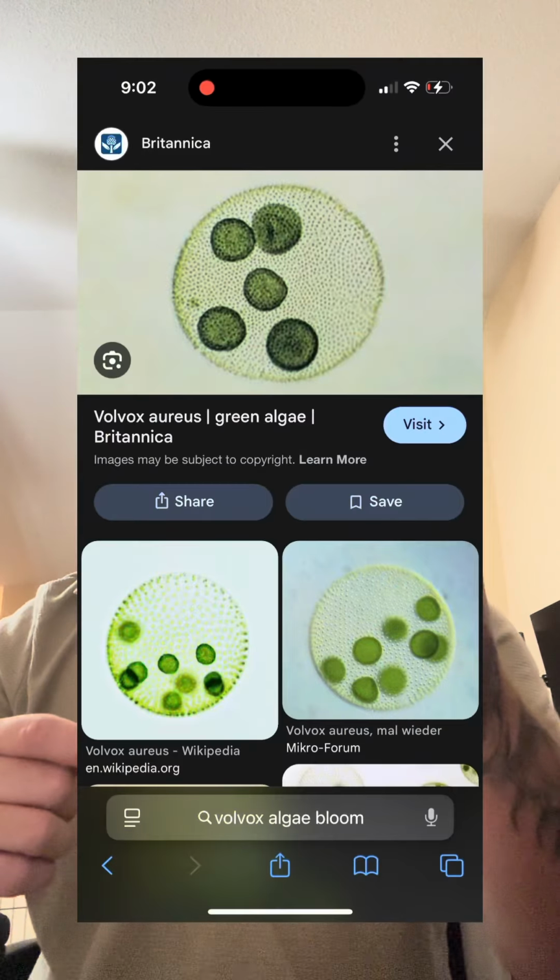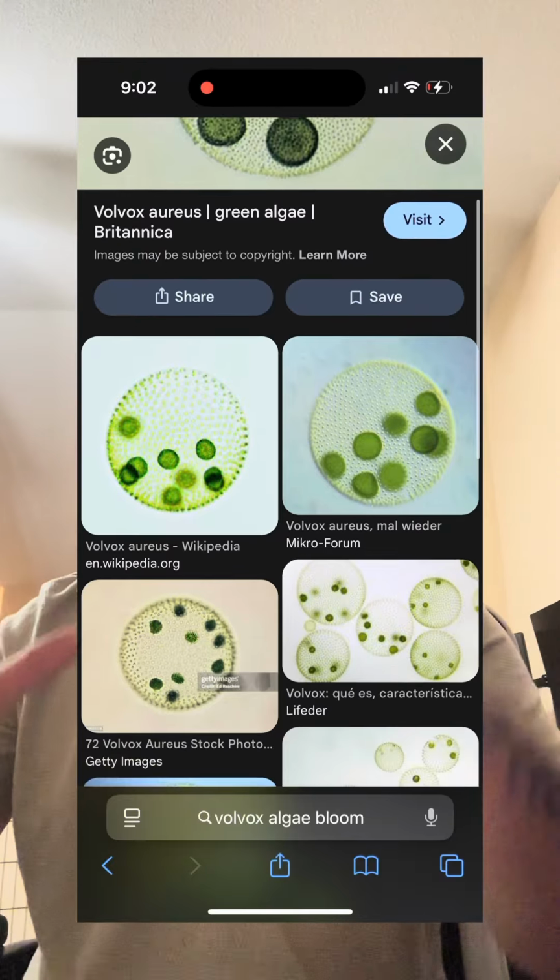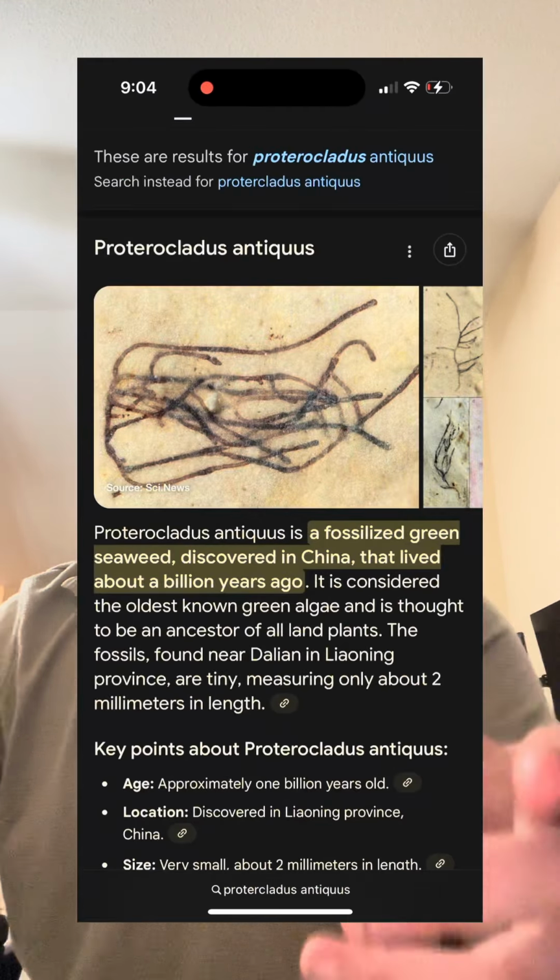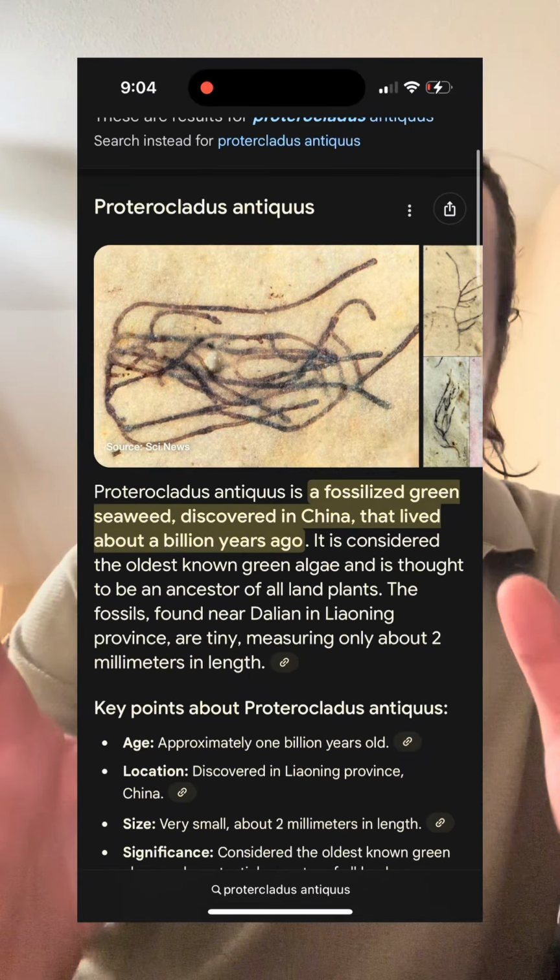So in these coastal waters, Chlorophyta would have diversified, and many stayed very microscopic, very small, but some began forming dense colonies, something like Volvox, while others developed more complex bodies, like the fossil found of Proterocladus antiquus, I think that's how you pronounce that.